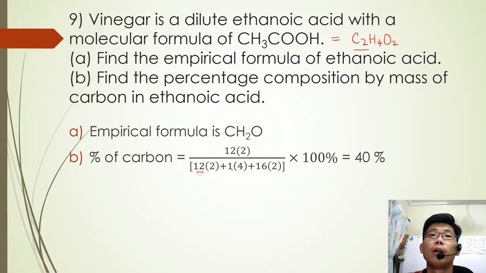Carbon is 12, hydrogen is 1, then oxygen is 16. So total up, times 100%. We get 40% for the carbon in the ethanoic acid.